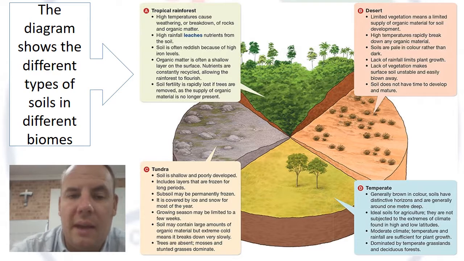Now if you look carefully, if we go around from the rainforest, A, you think the soil in the rainforest, because of those big trees, is really rich. It's actually not. It's very thin soil, and anything that dies and decays is in the top layer of the soil, which the rainforest plants use.